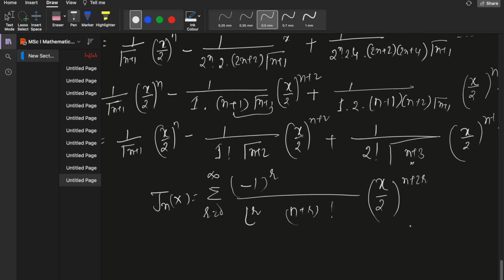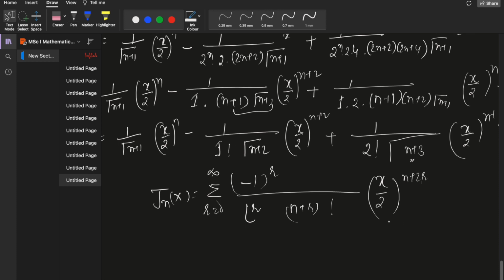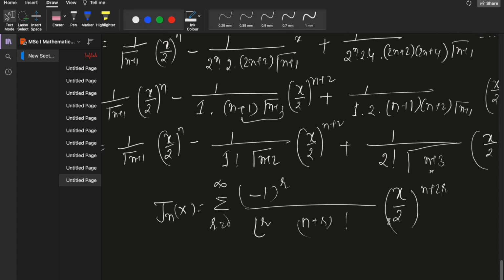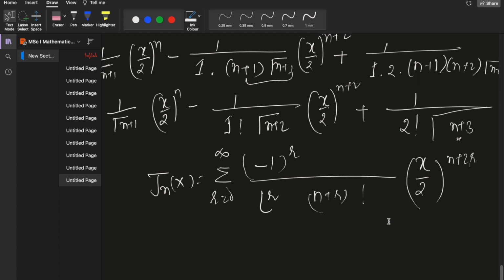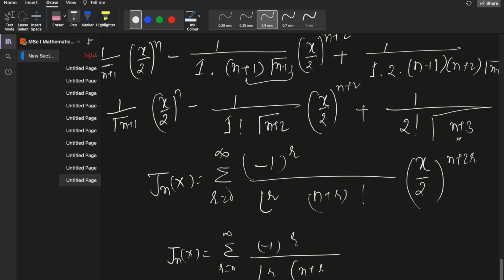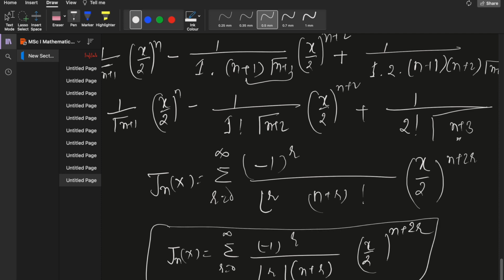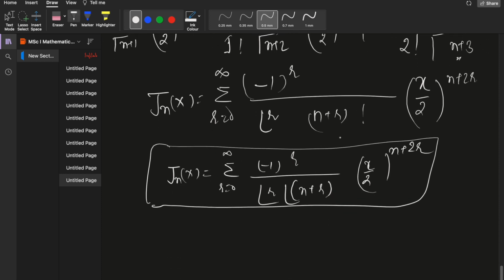So we can say the final gnx can be written as summation r tends to 0 to infinity, minus 1 to the power r upon factorial r, factorial n plus r, times x upon 2 to the power n plus 2r. So this is our Bessel function, Bessel polynomial.